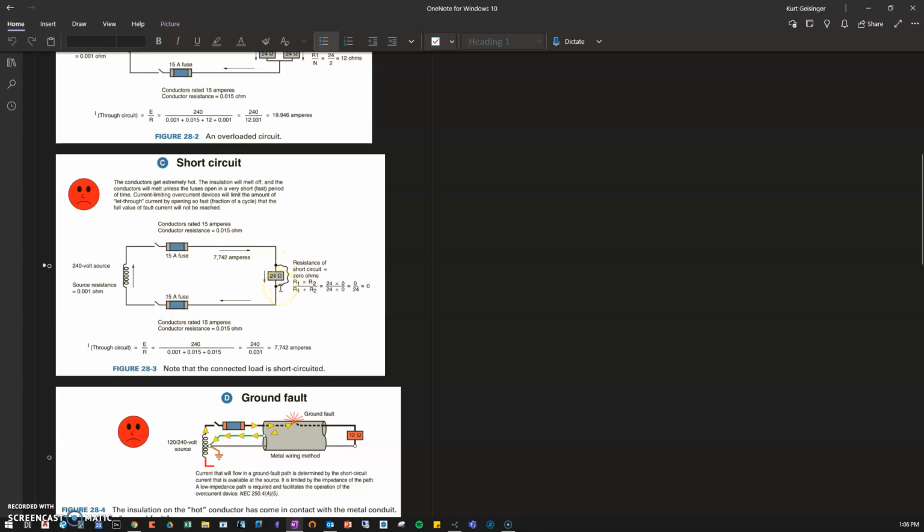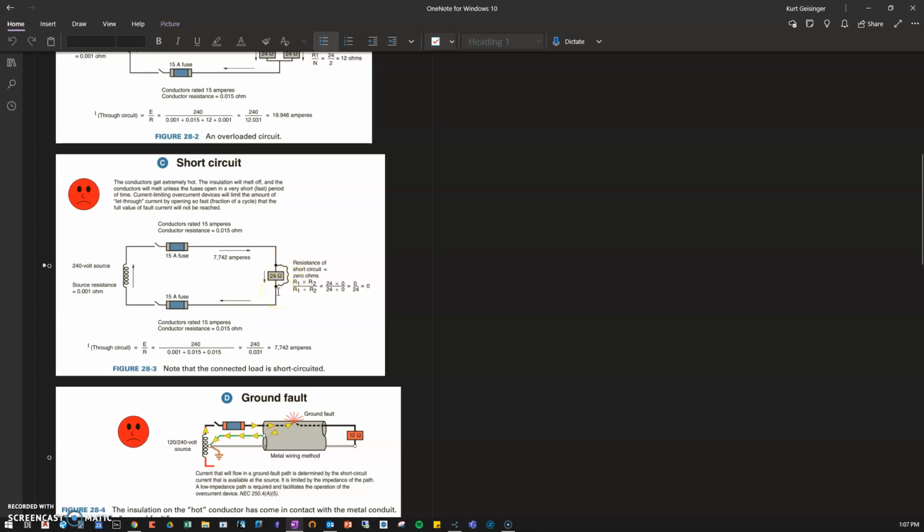So maybe somebody connected something they shouldn't have, or we inadvertently had a couple wires touch that shouldn't have. But that circuit bypasses the load, takes a shortcut, which is why it's called a short circuit, which means we have very little to no resistance that we would normally see if we went through the load. Now we have this really low resistance.